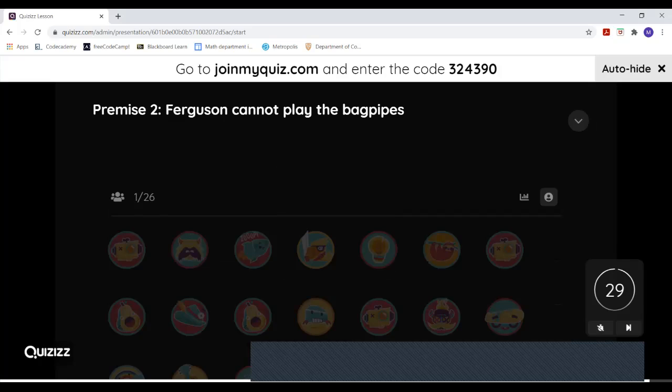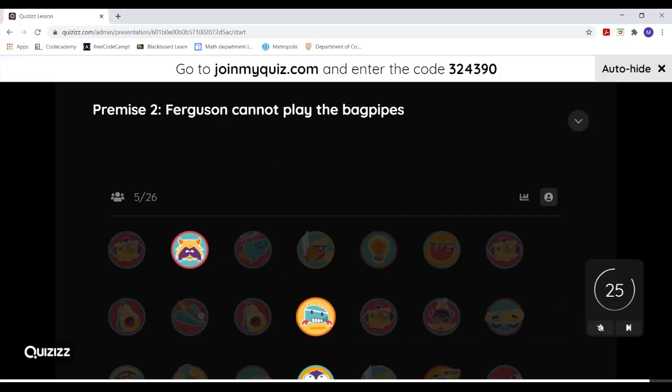All right, I think this is the last example on this one. I think there's two more examples after this that I'm going to ask you to do on your own. Cannot play bagpipes. So where are we putting that? What does that Venn diagram look like?